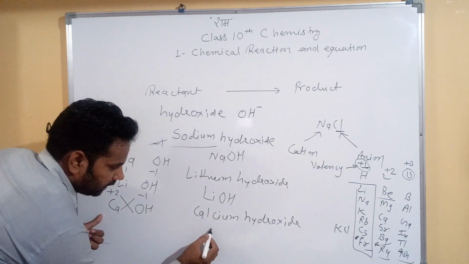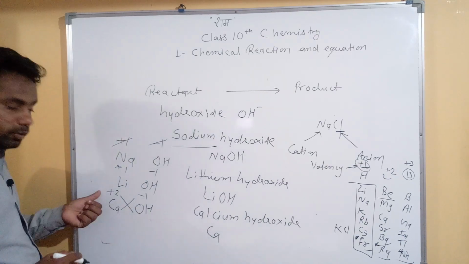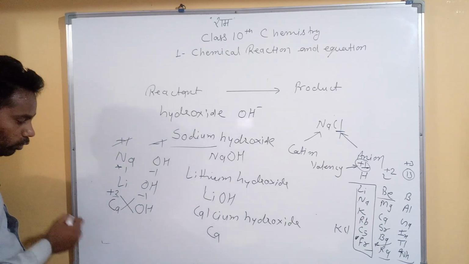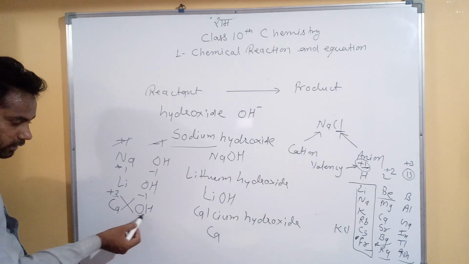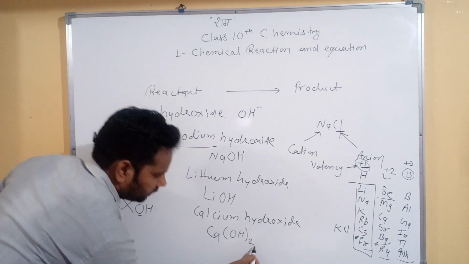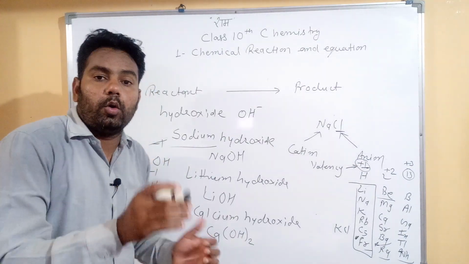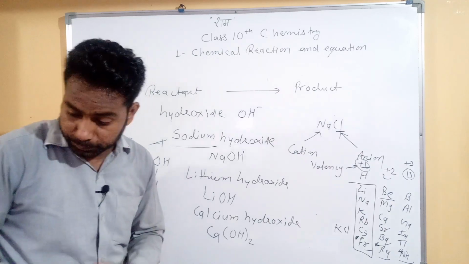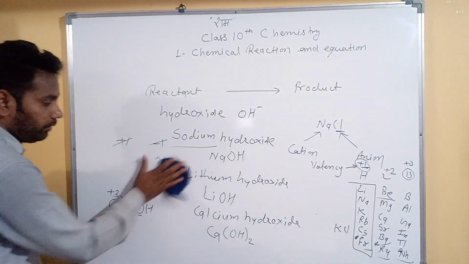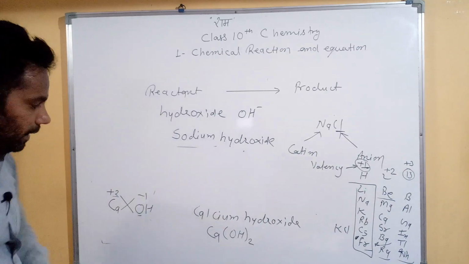Calcium hydroxide is Ca, then OH is 2. So the 2 goes for both oxygen and hydrogen, so we write here OH twice. The formula of calcium hydroxide is Ca(OH)2. Clear? Like that, we have more formulas for the second group elements.